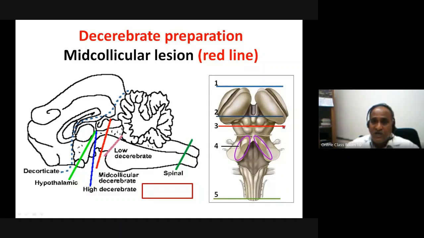In between, if you cut, that is the mid-collicular lesion. That is the decerebrate preparation. In this animal, the entire thing above this is lost, and below this the hindbrain remains. That is the pons, medulla, and the cerebellum. They remain, and this is known as a hindbrain animal.